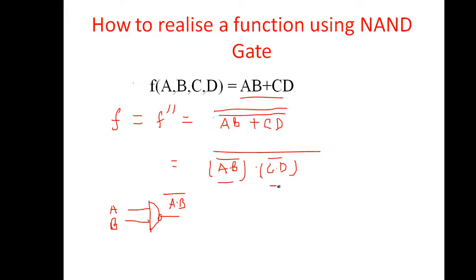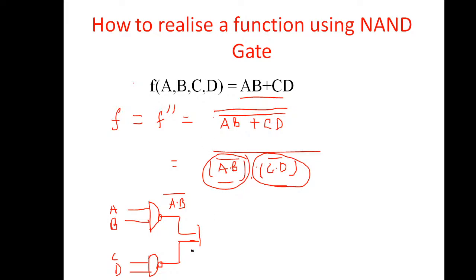And then if you are implementing the other one, how can you implement it? You take another NAND gate, CD, and you use the output. Now these two outputs will pass through the third NAND gate, because if you take this one as a whole and this one as a whole, you are using a product in between these two and then the whole bar.